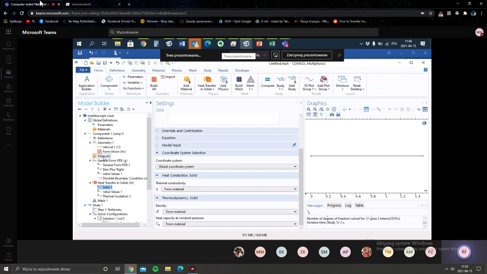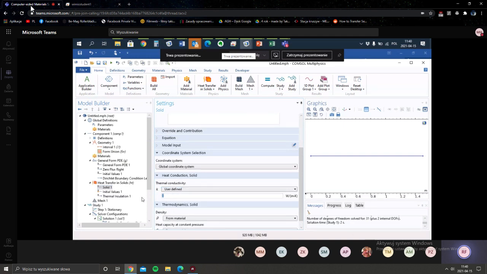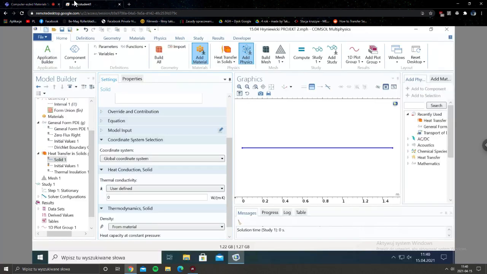So if we really had information that this material is composed of copper, we could just choose copper as a material, and the program will take data from the information provided by the material. But we haven't got a particular material. We know the properties of the material, but it is not defined in this model. So we have to use here user-defined conductivity. And it is, as we know, K0 multiplied by 1 plus X divided by D.